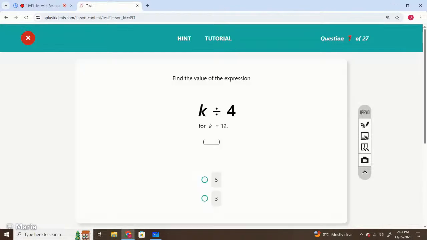Find the value of the expression k divided by 4 for k equals 12. We need to replace the variable k with 12.